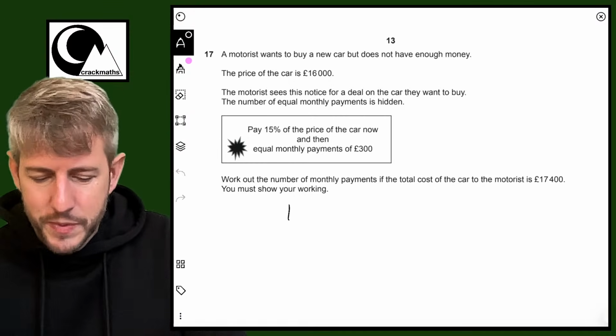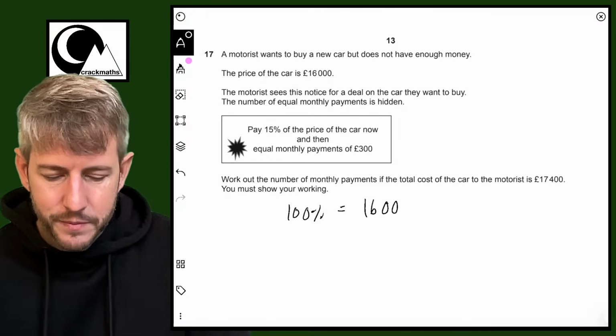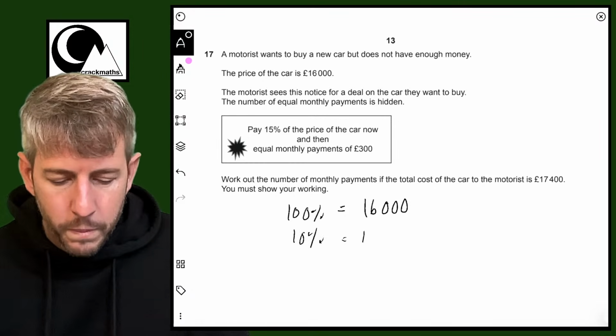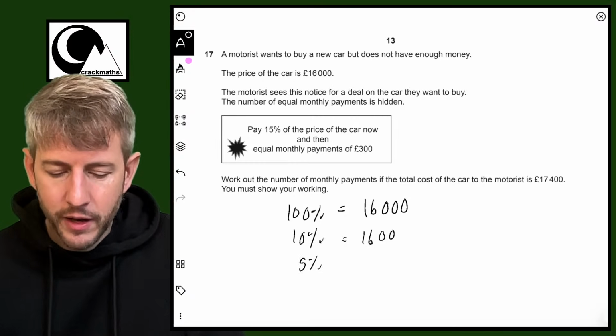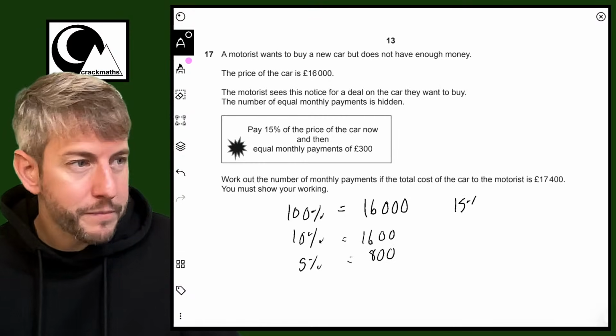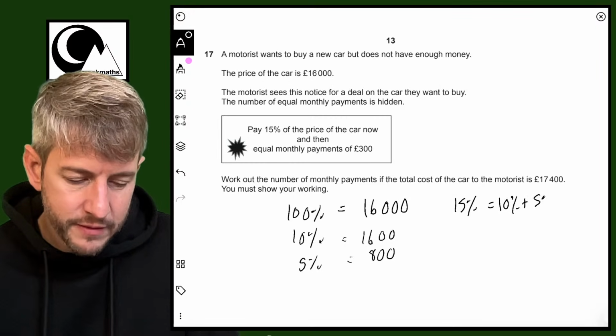So we know that 100% of the car is this £16,000. So 10% of the car would equal £1,600, and 5% of the car would be half of this again. So that would be £800. So 15% will equal our 10% add our 5%.